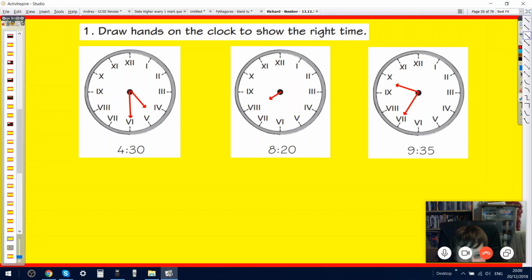Okay. Yep. The hour hand would be pointing at the 20. There we go.